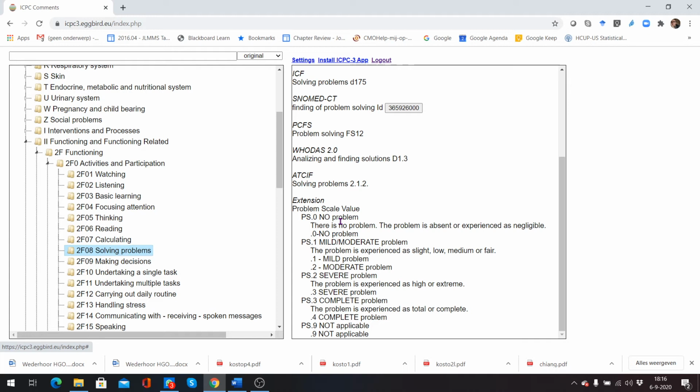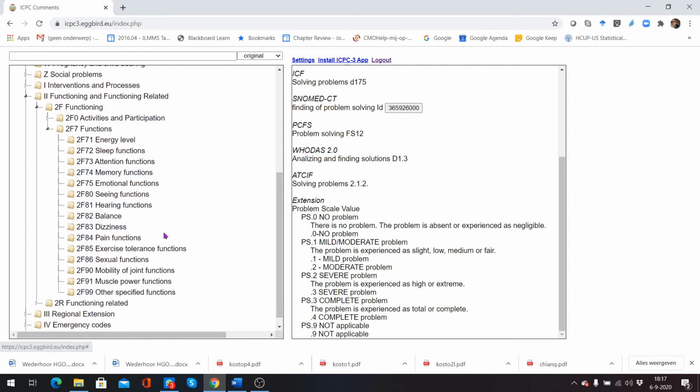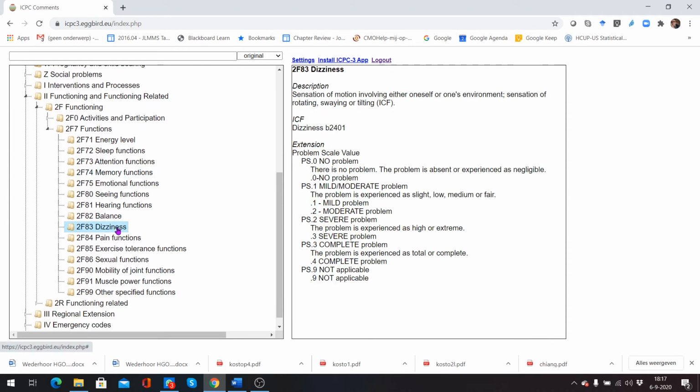Some classes in this component overlap with class names in the symptom, complaints, and abnormal finding component. These classes, I will show you, such as dizziness, refer to the same phenomenon but have a different purpose or play a different role.